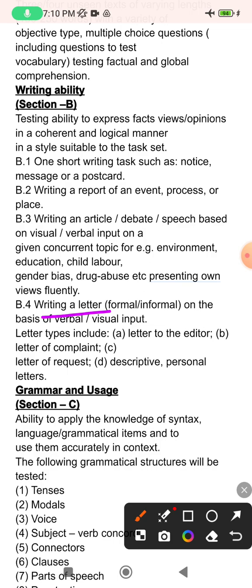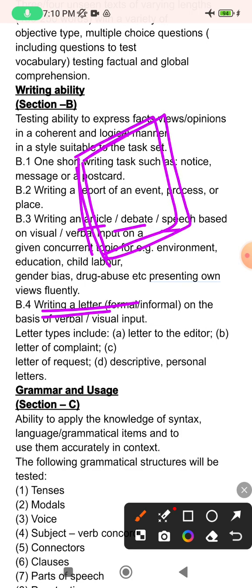So it talks about the component parts of a letter, and it also covers articles and debates. They all talk about their structure and format; especially, questions come from the format of that specific writing skill.